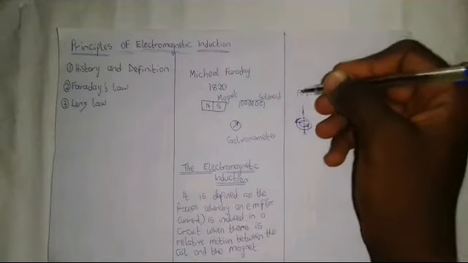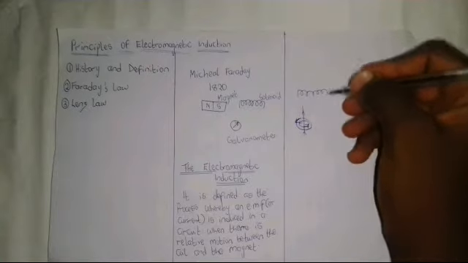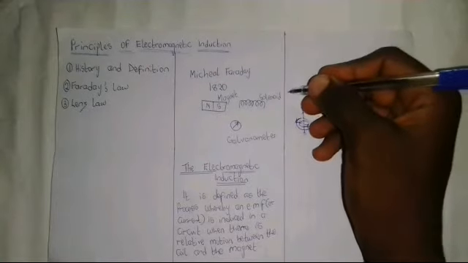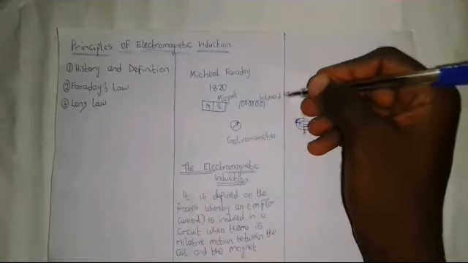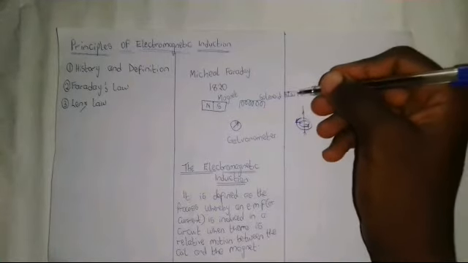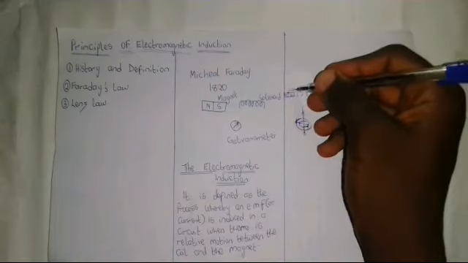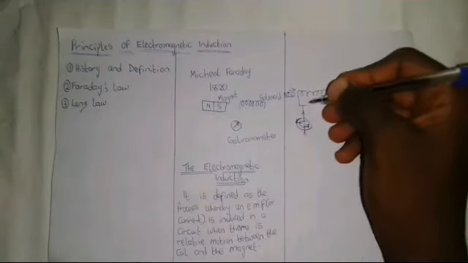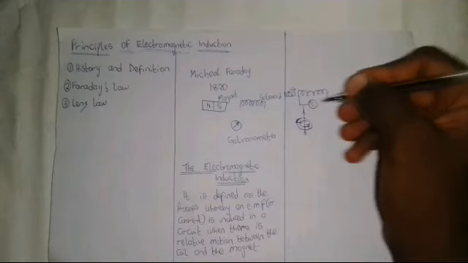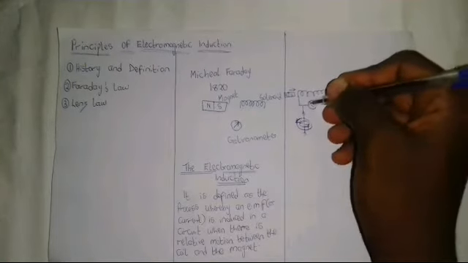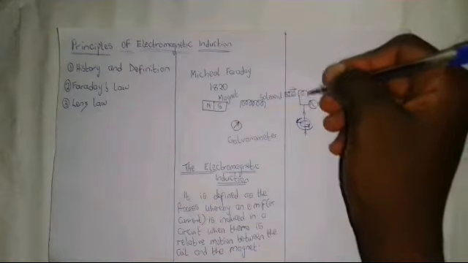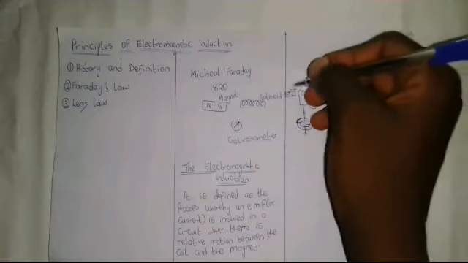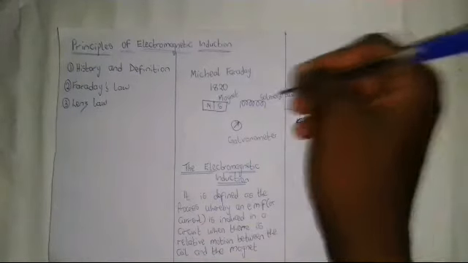When there's no current passing, but the magnet is brought towards the solenoid, as the magnet is entering, the galvanometer indicates the current in the direction facing the direction of the magnet.